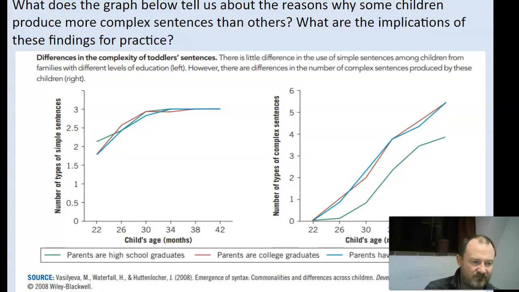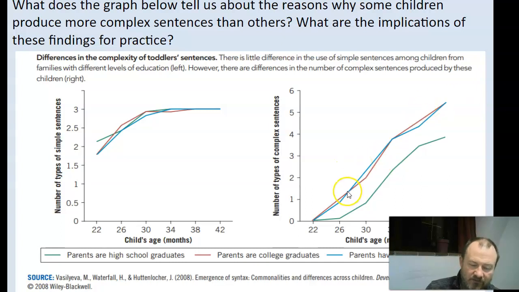So some implications for practice. Again, we can see that children of parents who have followed more academic career pathways, college in the US refers to university, and high school graduation refers to leaving school at the age of 18.